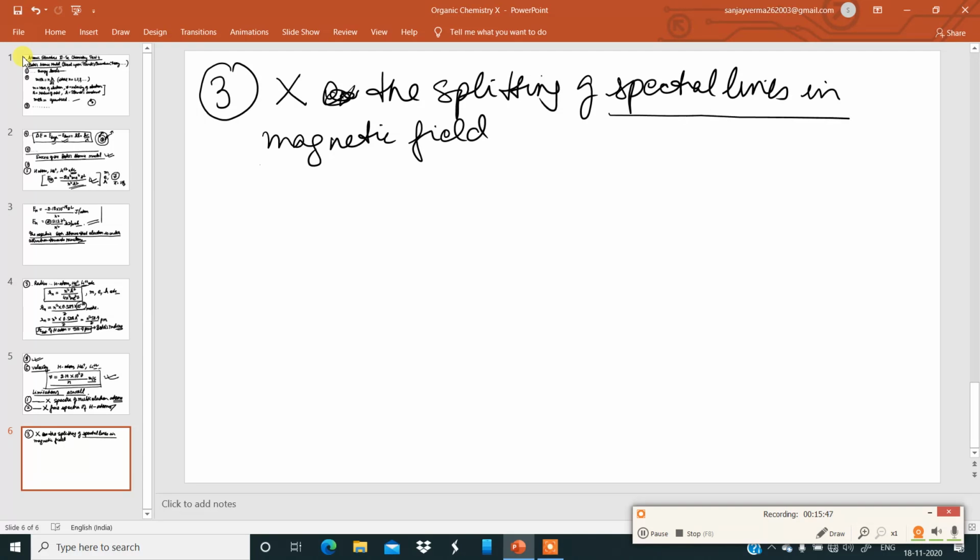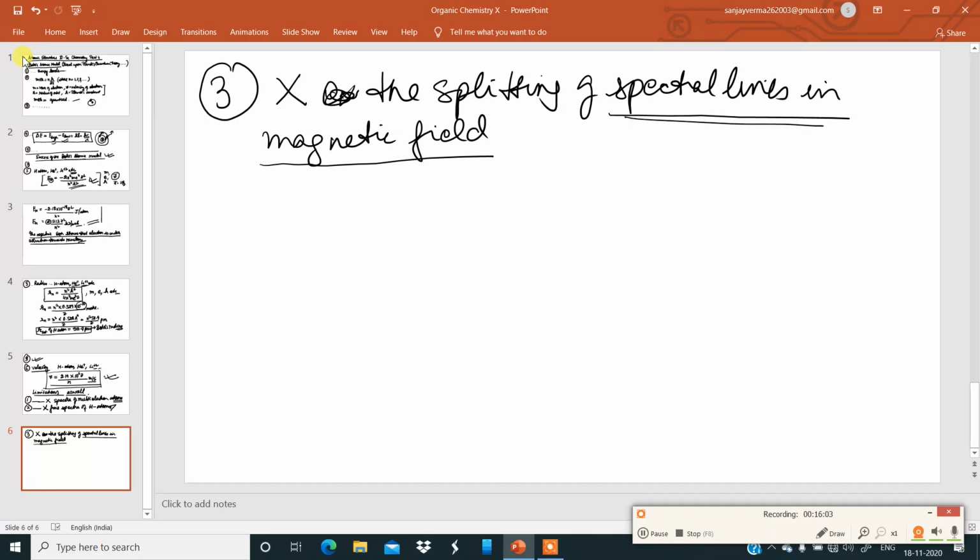Whenever a magnetic field is brought close to the spectral lines formed on a screen, those spectral lines split. Sad to say, Bohr's atomic theory could not explain this splitting.